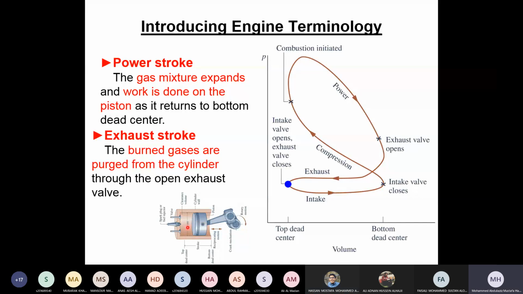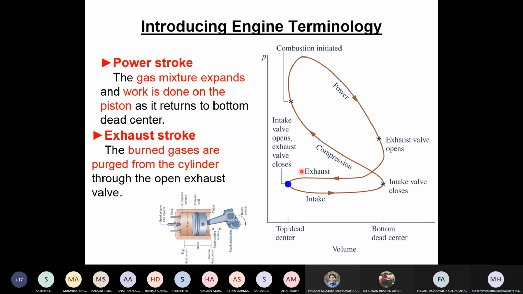Why? Because when the piston moves here, the crankshaft will move from this point to this point. Then when it goes back, it will move from this point to this. So 1 revolution is 2 strokes. So we have 4 strokes, 2 revolutions, 1 cycle. Every 1 cycle has 2 revolutions of the crankshaft and has 4 strokes.